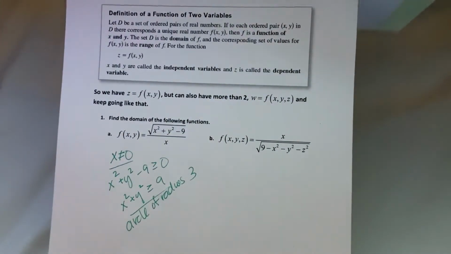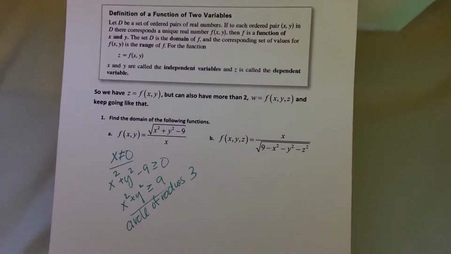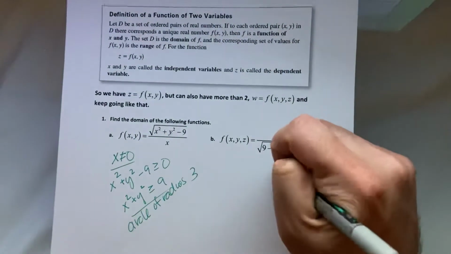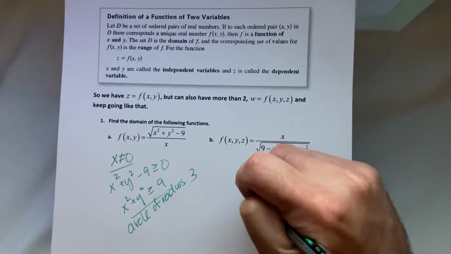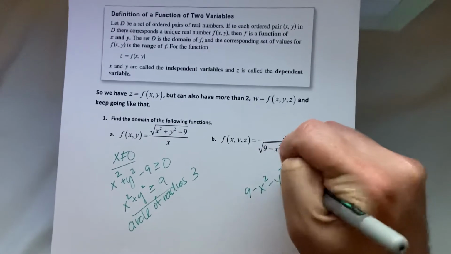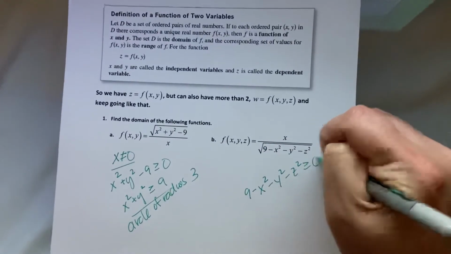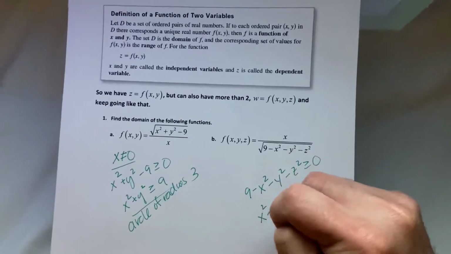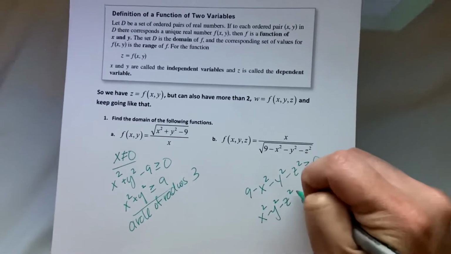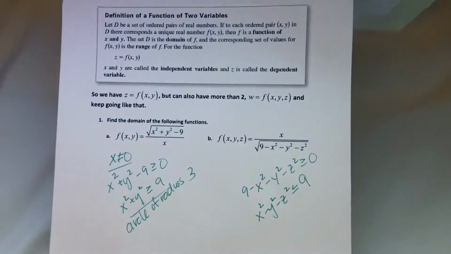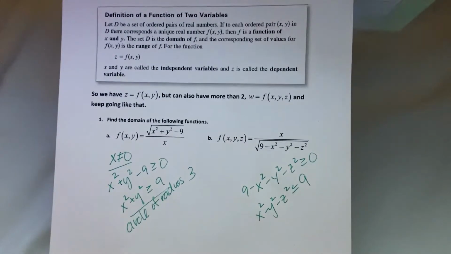Now, let's look at b. F of x, y, z, this is now a function in three variables, is x over the square root of 9 minus x squared minus y squared minus z squared. For the domain, 9 minus x squared minus y squared minus z squared is greater than or equal to 0. Which means x squared plus y squared plus z squared is less than or equal to 9. So what is this thing?